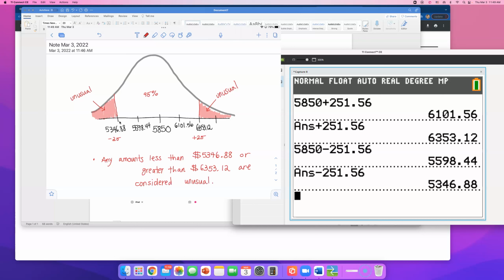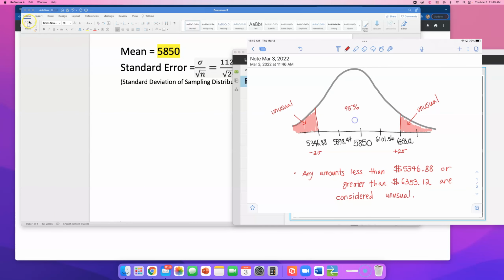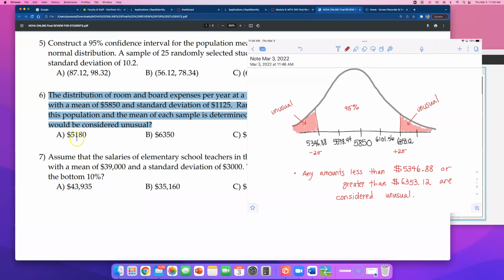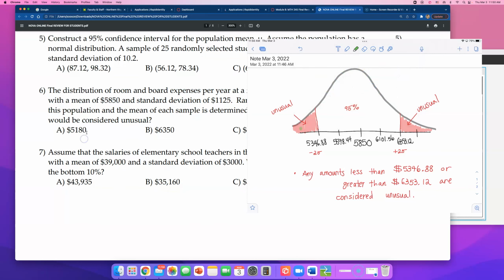That's how you can find unusual amounts. Now I need to go back and look at the answer choices. 5180 is definitely smaller than my lower limit. That is so unusual. So my answer is A.